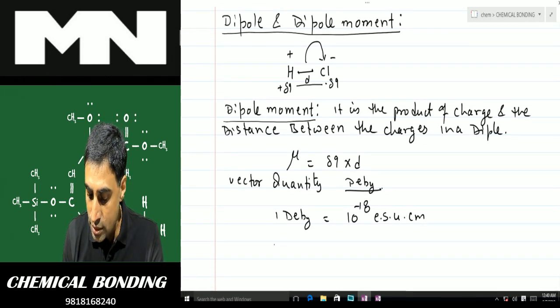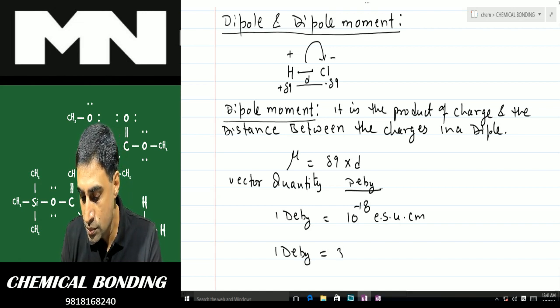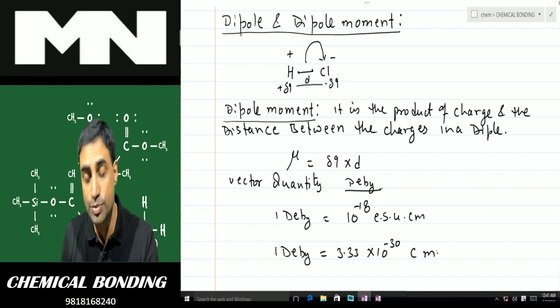Or I can say 1 debye is equal to 3.33 into 10 to the power minus 30 coulomb meter. In this case, I am representing the charge in terms of coulomb and the distance between the charges in terms of meter.